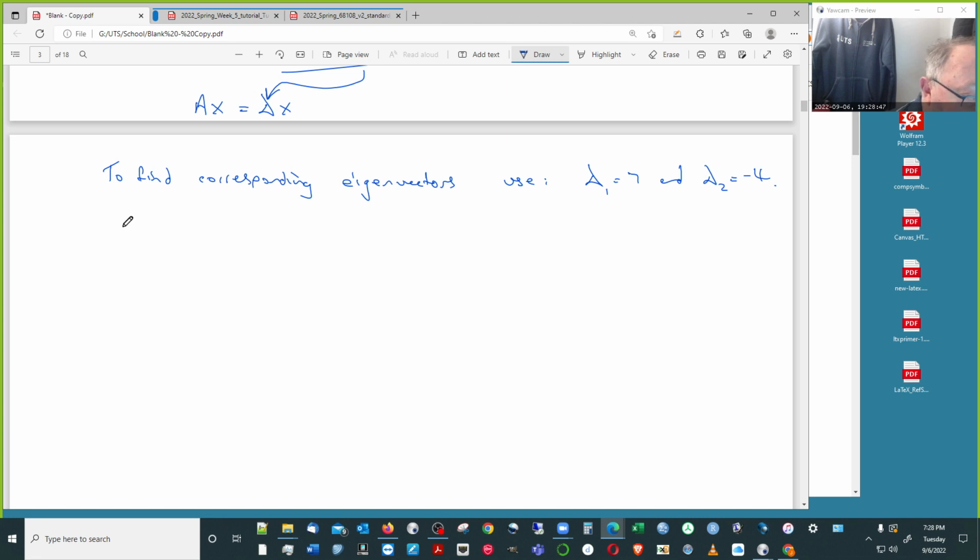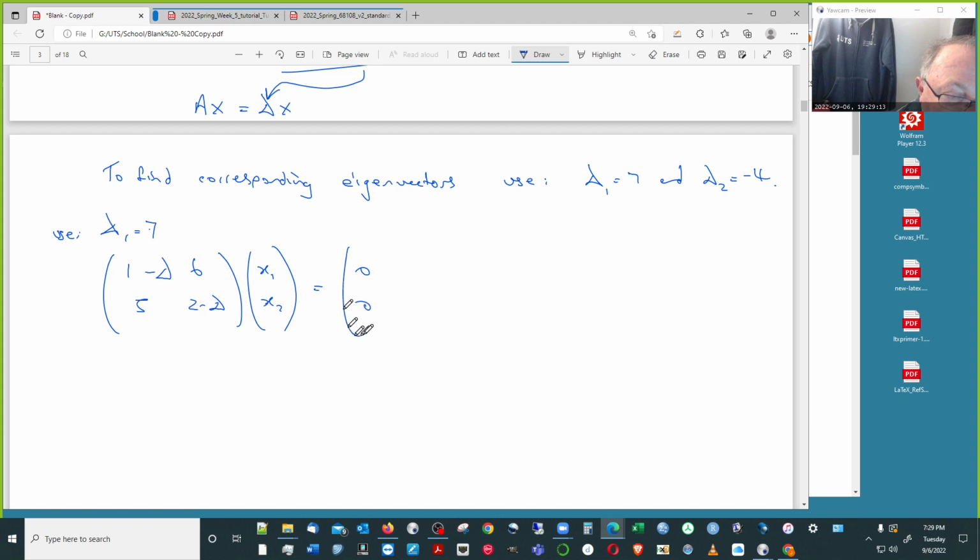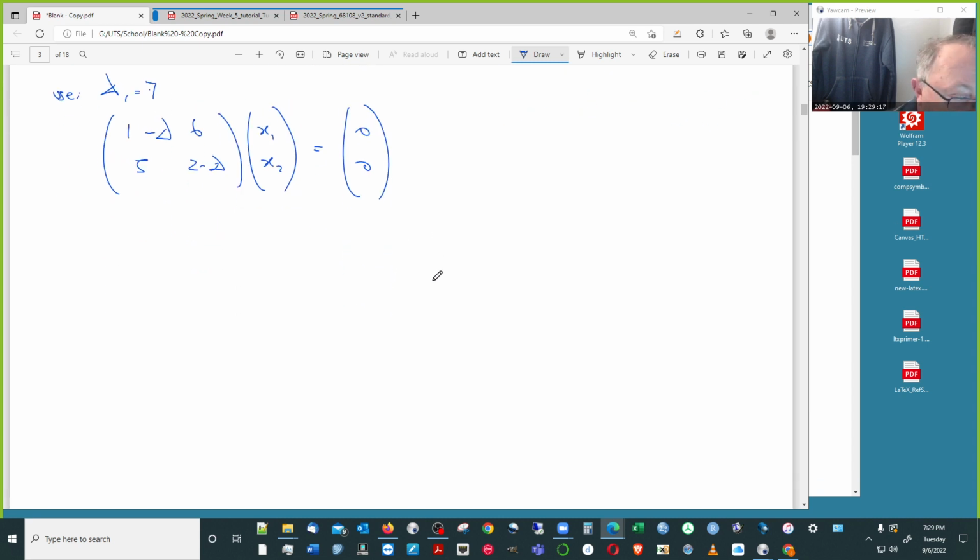We start off with 7, and so we've got 1 minus lambda, 6, 5, 2 minus lambda, times x1 and x2, which are what we're seeking, is equal to 0, 0. Now we've expressed 0, 0 in vector form, so it's always going to be the case that we'll have zeros.